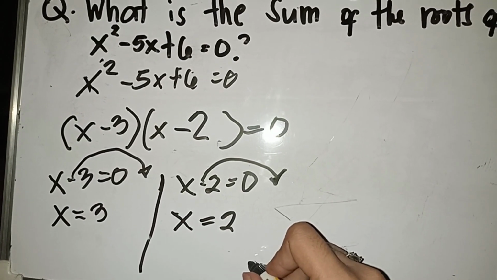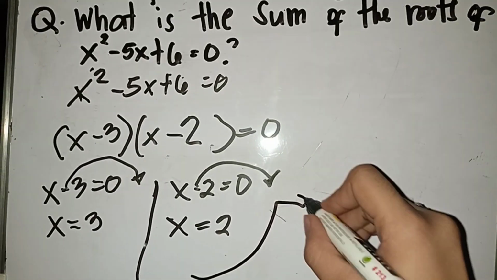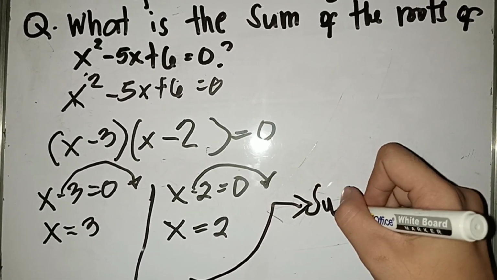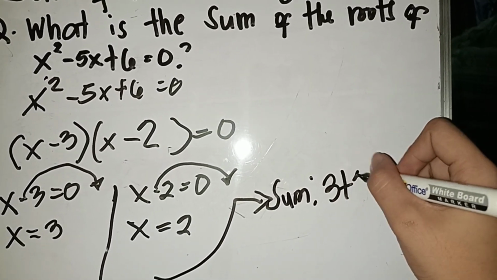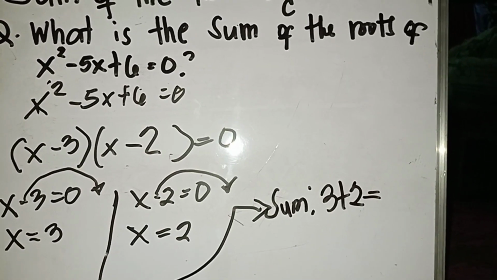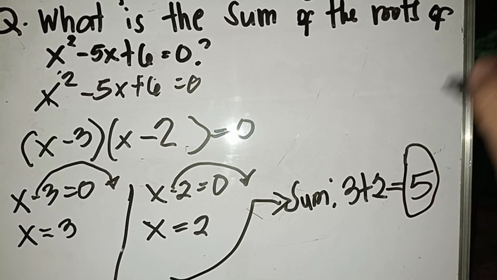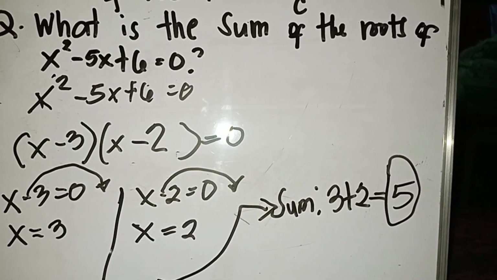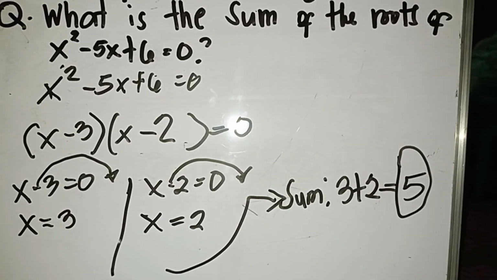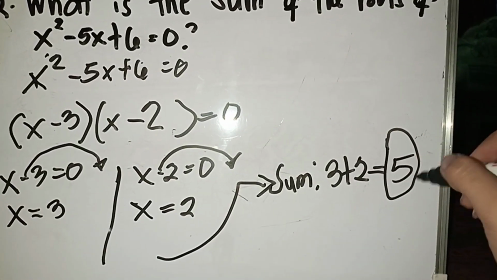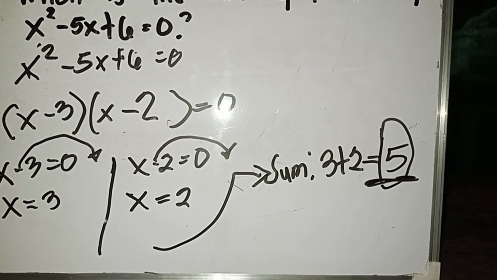So 3 plus 2 is equal to 5. So meaning, the sum is equal to 5. So this is our sum of the roots. Our sum of the roots here is positive 5. So that's all.